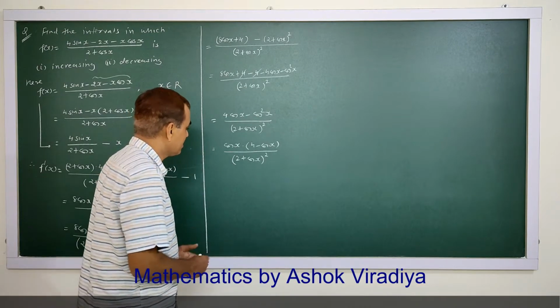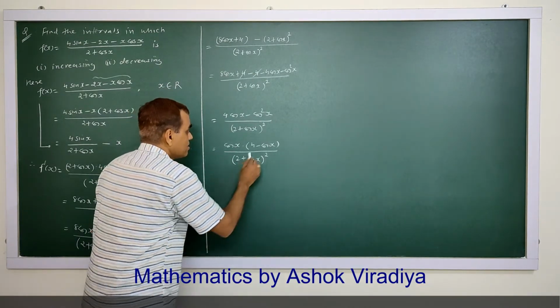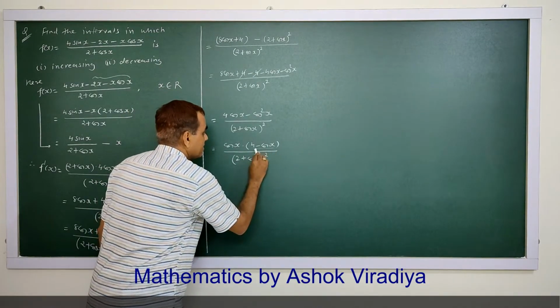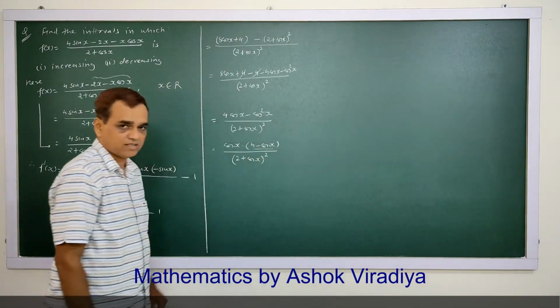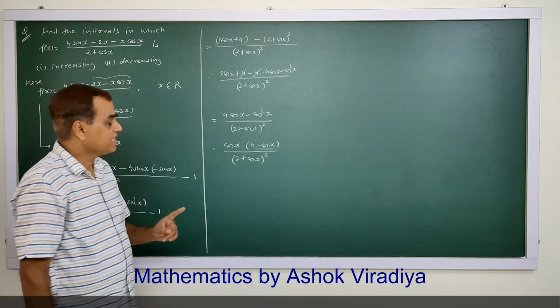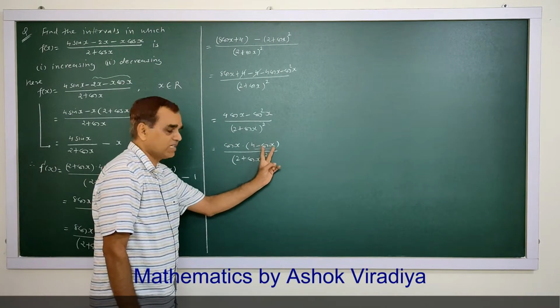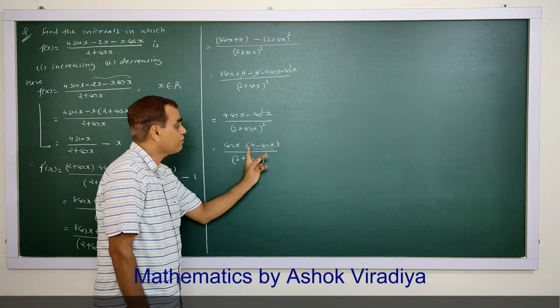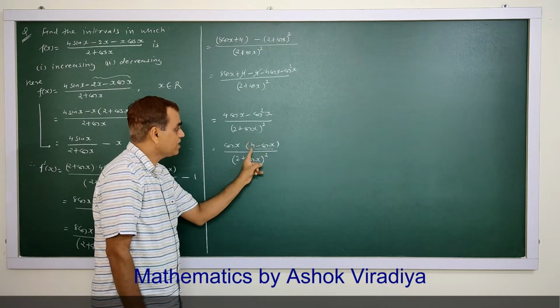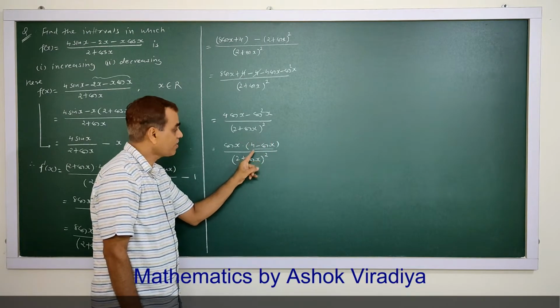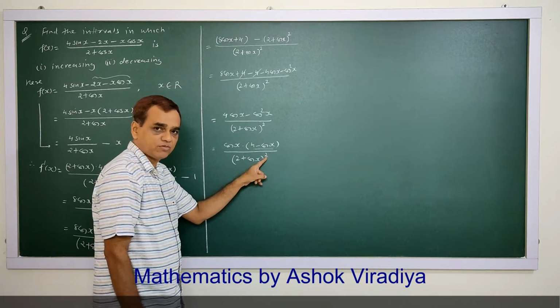So see, here look at this bracket, 4 minus cos x. Cos x is always between minus 1 and 1. This cannot be more than 1. So this is always positive. This is also positive.